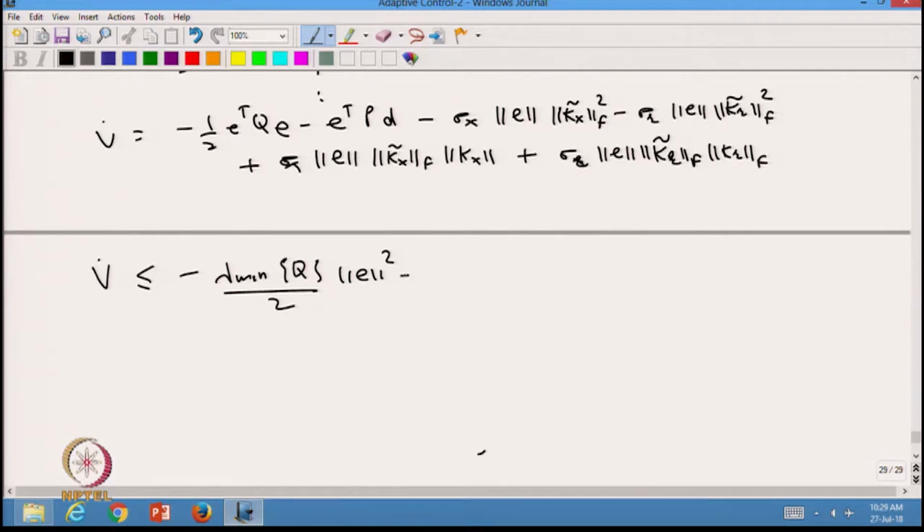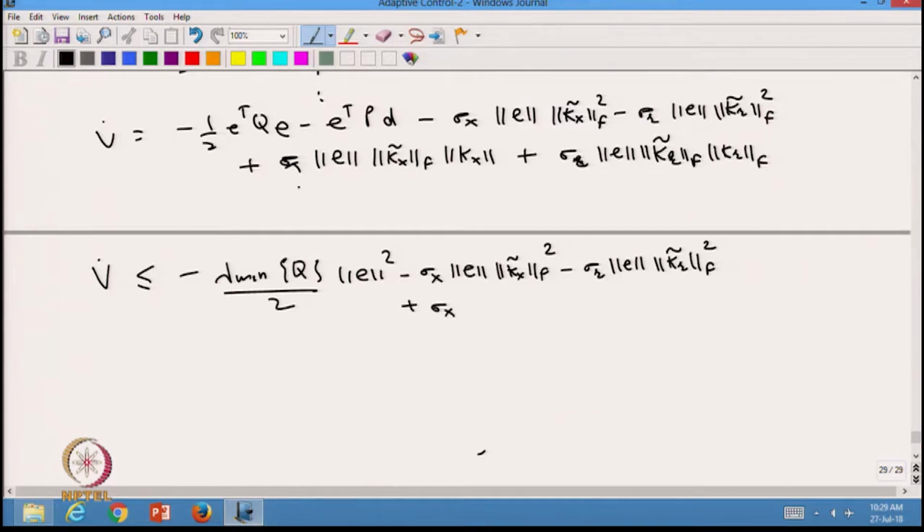So let's collect the negative terms together. Okay, so these are the negative terms, and then we have the positive terms.